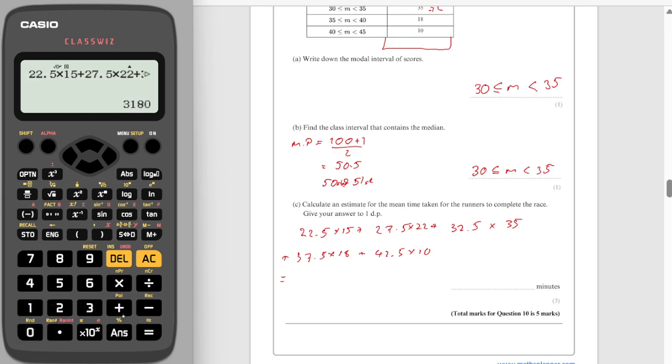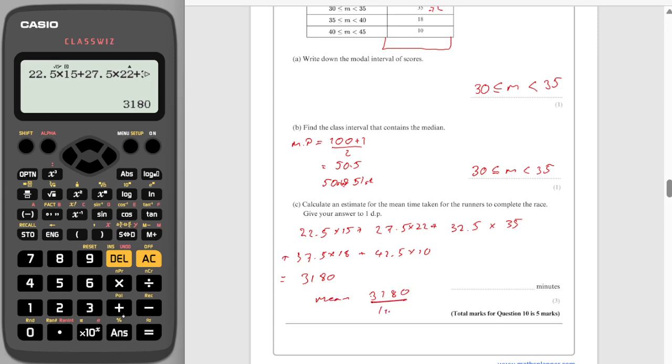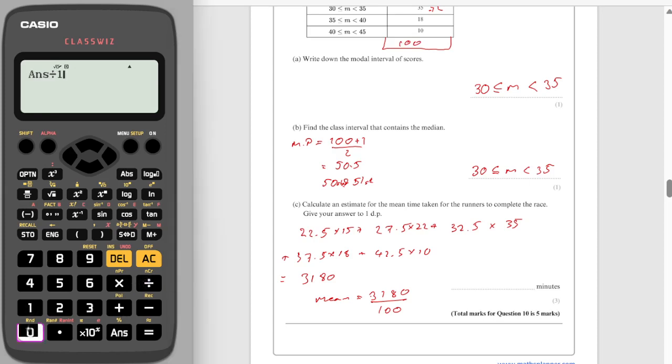So that adds up to 3,180. So to find the mean, I need to do 3,180 divided by 100, because that's the total frequency that we worked out here. So divide that by 100 is going to be 31.8.